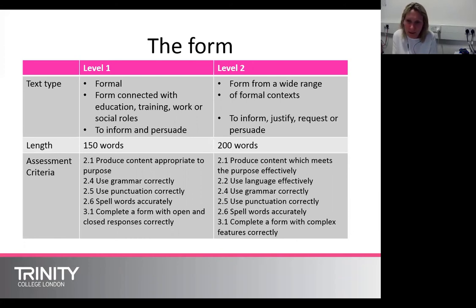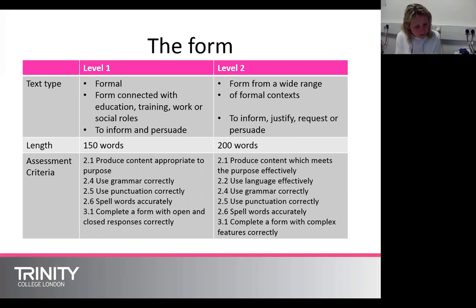So at level 2, it's not just about punctuating simple text, but commas for various purposes, using a full range of punctuation marks, including commas, for listing, for example, between clauses in complex sentences, after connectives like however, apostrophes, inverted commas. You know, there's quite a long list, but a full range of punctuation is expected at level 2.